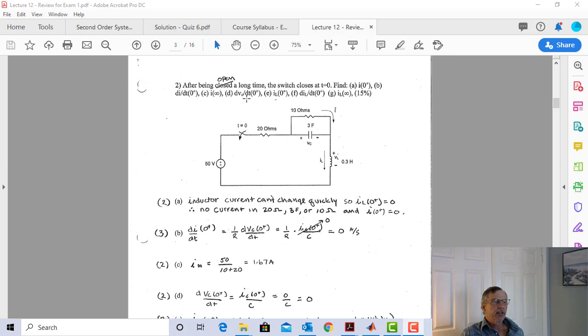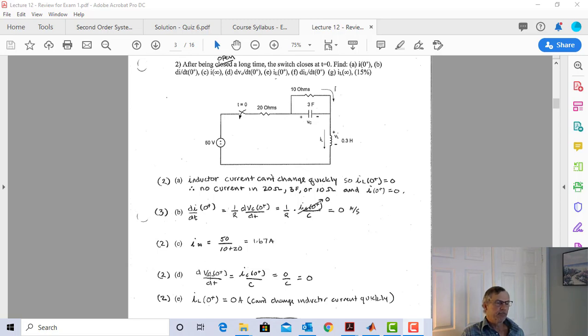For part D, we want dVc dt. And we know that dV dt for the capacitor is going to be equal to I over C. And I is going to be 0 for the capacitor at time equals 0 plus.